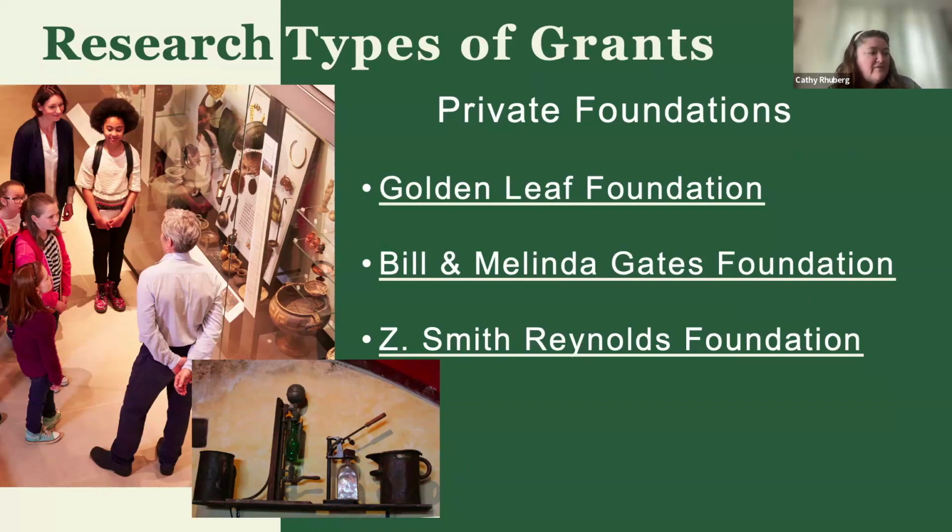The good thing about the Golden Leaf and Z. Smith Reynolds, if you want to fund a local North Carolina project, they're very accessible to you. You can talk to the folks at the foundations, and it can be a little less daunting than, say, the Bill and Melinda Gates Foundation.